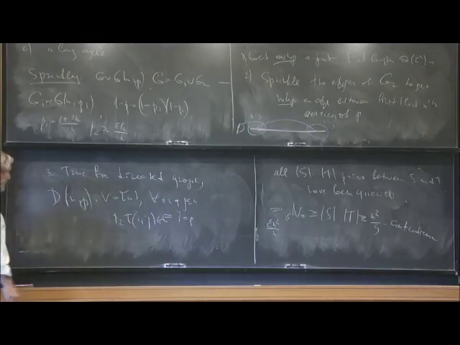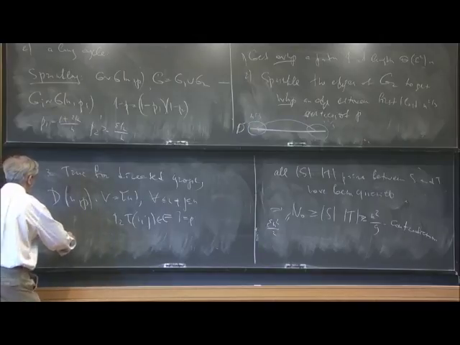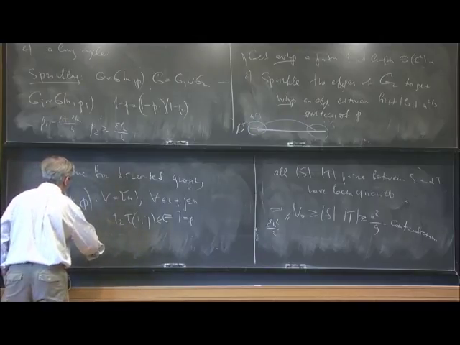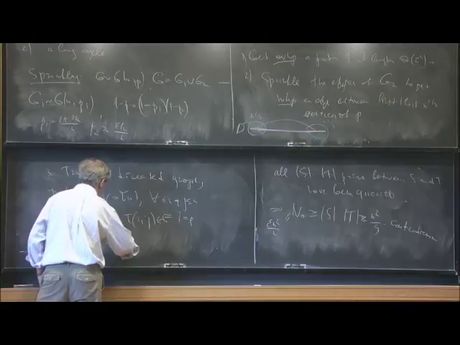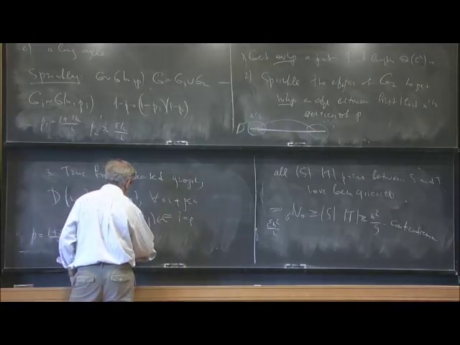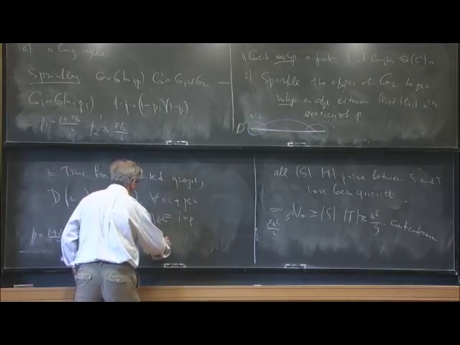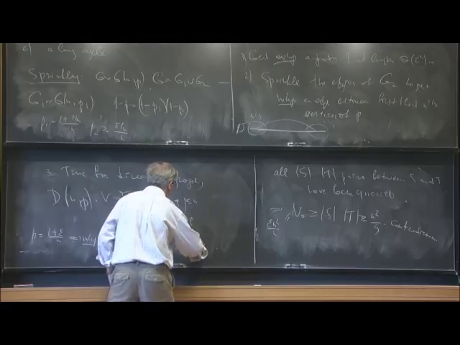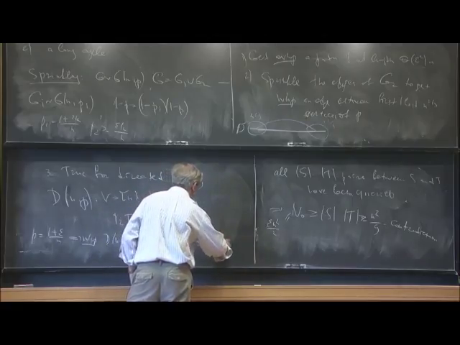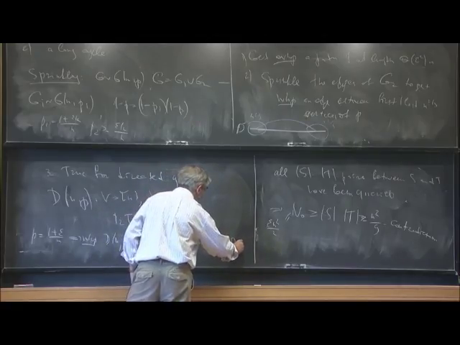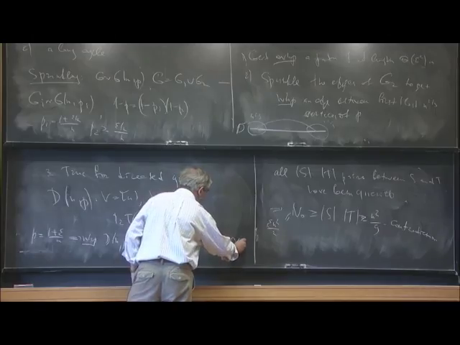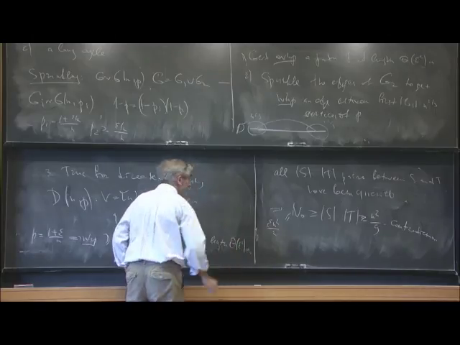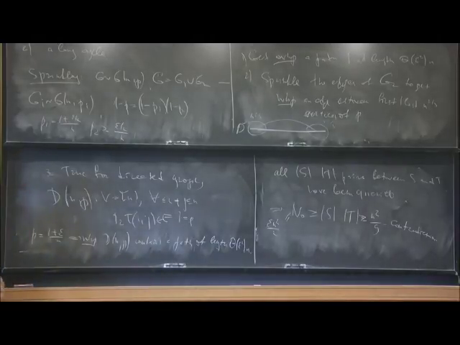So that's the model, and the statement will be that if p is taken to be (1 plus epsilon) over n, then with high probability, a directed random graph contains a path of length linear in n, the proportionality constant being, again, quadratic in epsilon. Okay? And the proof is basically the same.